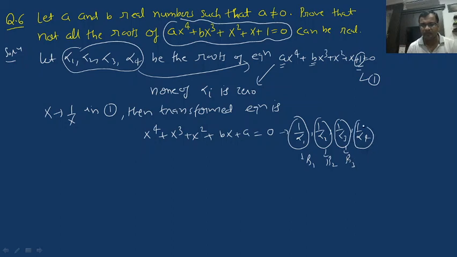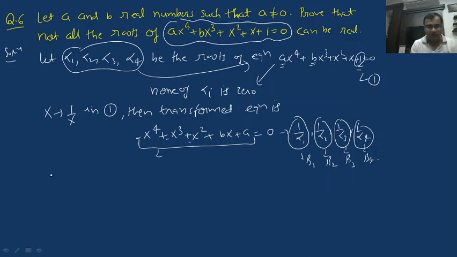For the sake of convenience in writing, suppose these roots are beta 1, beta 2, beta 3, beta 4. Now it is very easy to work on this equation. Here the leading coefficient is plus 1, and the coefficients of x cube and x square are all known to us.